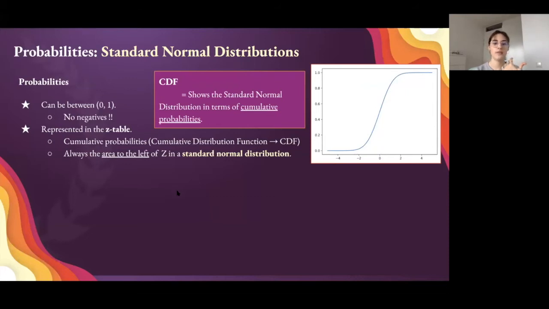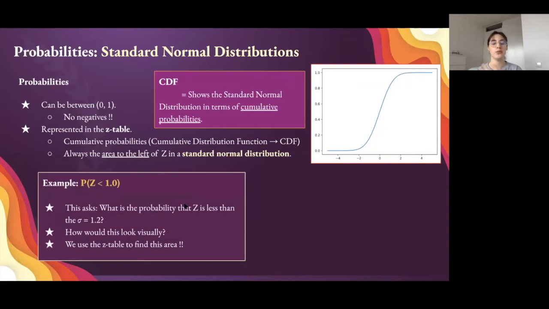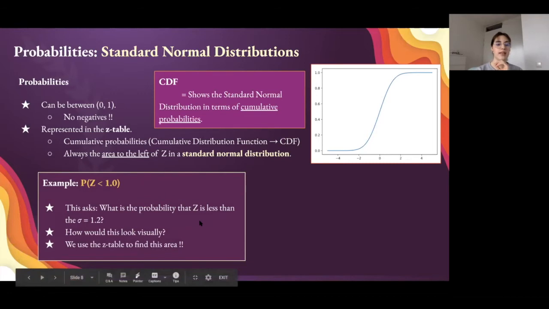From this, we can take a look at how a standard normal distribution looks with probabilities. In this example, we have the probability that z is less than 1.0. What is the probability that there's a z-score less than 1? How would this look visually, and how do we use the z-table to find this area?